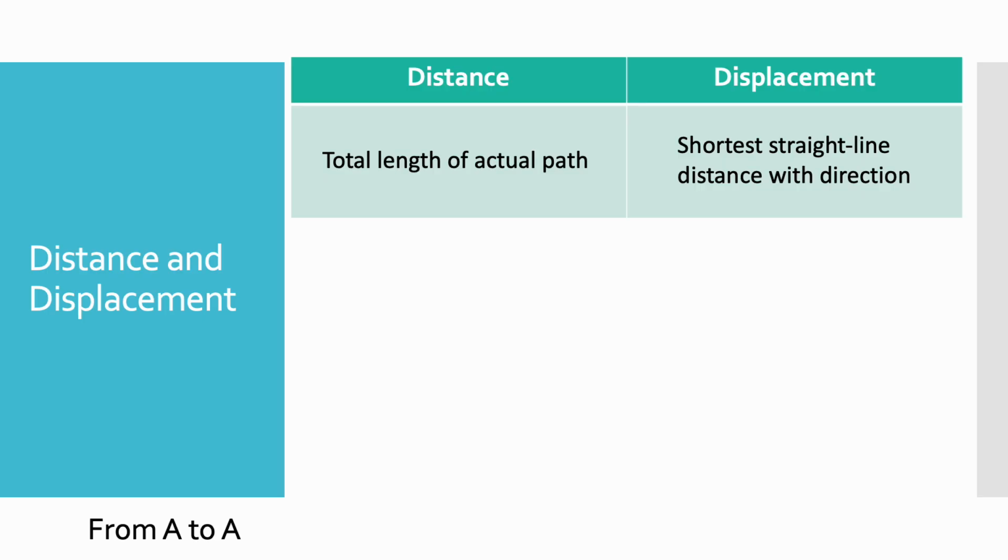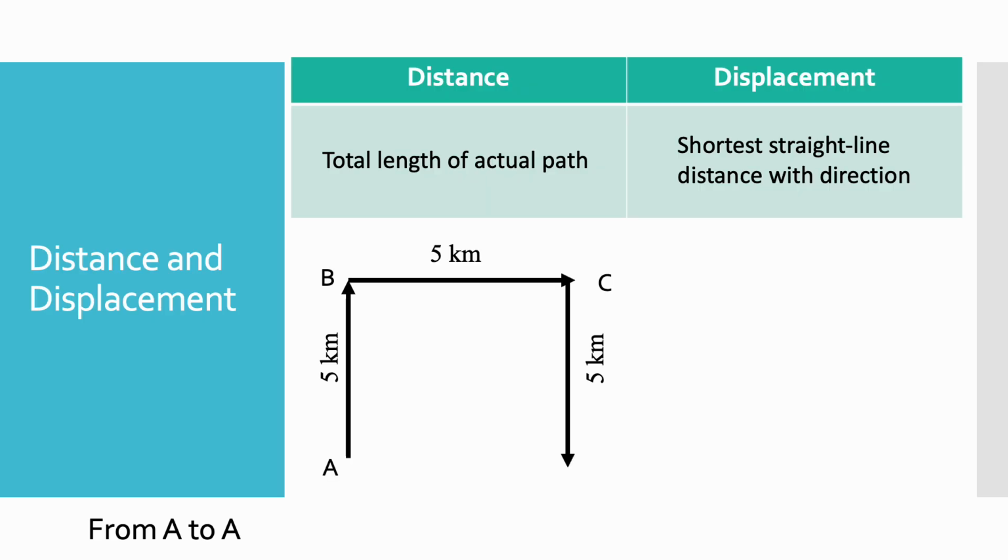Let's say that a person travels around a closed path and returns to the starting point, which is A. So starts from A and returns to A. So the total distance here is the sum of the entire path, which is greater than 0.